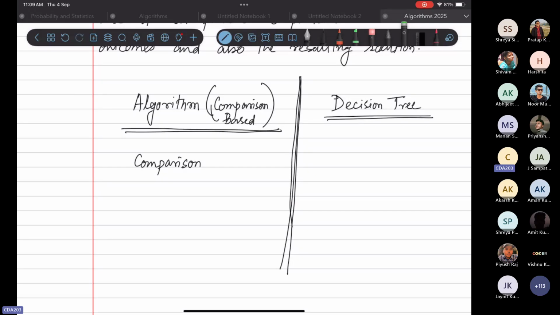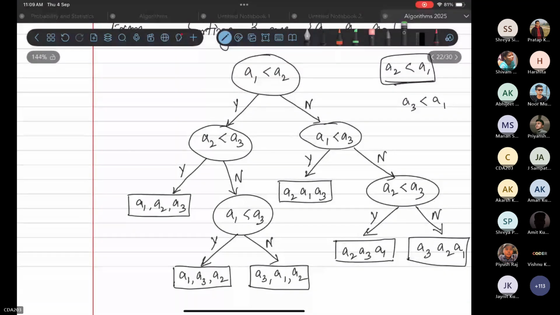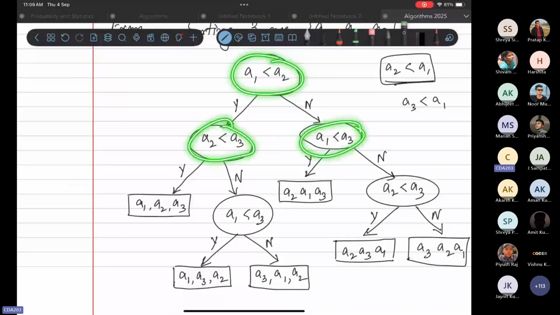My question is, in that comparison-based algorithm, at some point I'm using some kind of a comparison. What does that represent in a decision tree? Basically, I'm asking, what do you call these things?